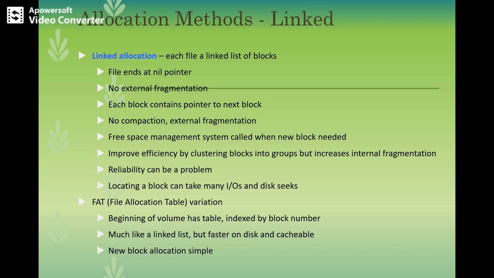To create a file is easy. To read a file is also straightforward. There will be no external fragmentation with linked allocation. To write a file, the system finds a free block, and this new block is written to and linked to the end of the file. While creating the file, it is not necessary to declare the size of the file. A file can continue to grow as long as free blocks are available.